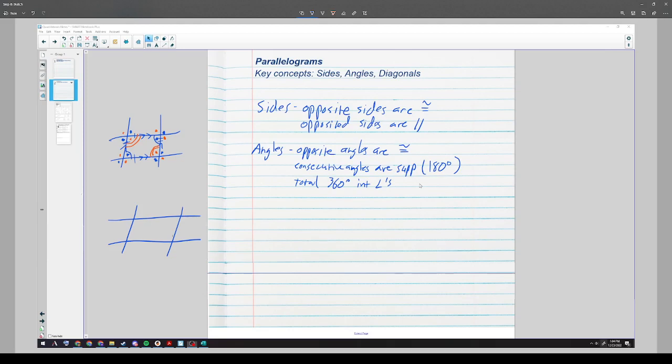So we have the 4 sides of the shape, but let's look at what happens if we draw a diagonal between our non-consecutive corners, or our opposite corners. So we have 2 diagonals that we can draw within any quadrilateral, because there's only 2 ways to connect through the shape. So that one and that one.